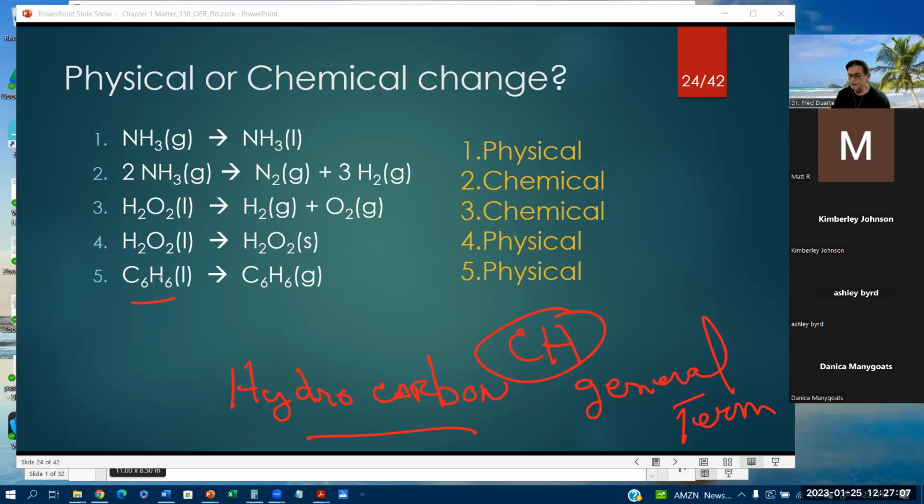Okay, so this is a hydrocarbon, and C6H6 consists of 6 carbons and 6 hydrogens, and before and after it is basically the same thing, structurally and chemically.